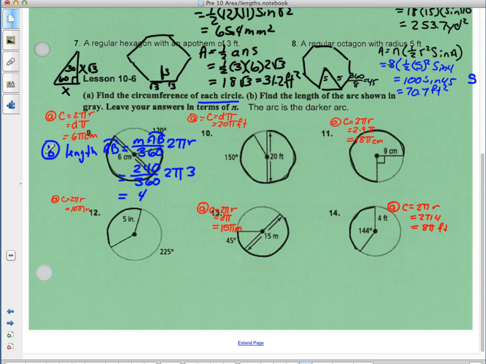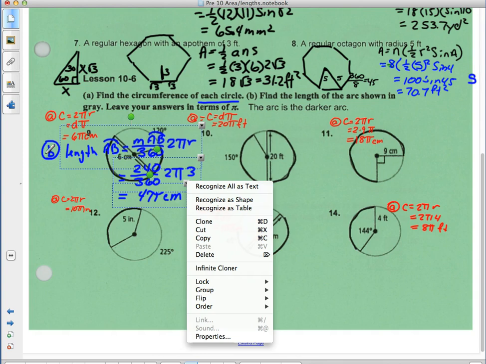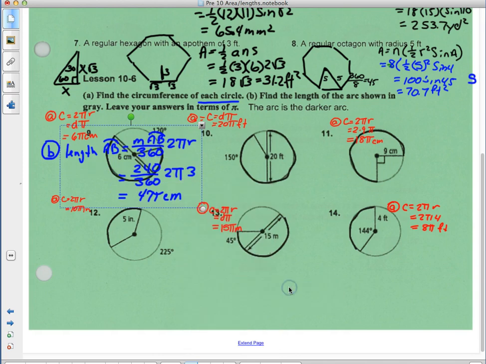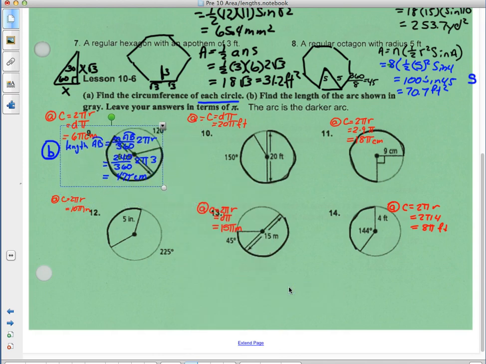So this is actually going to be 4 pi centimeters when I'm done. Now on the test itself, if you have a question on which you're supposed to find which arc, I won't tell you about any values you're supposed to use. That's your job to ask and make sure you clarify that question.